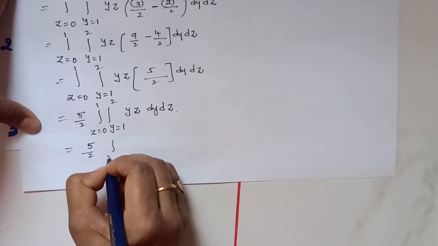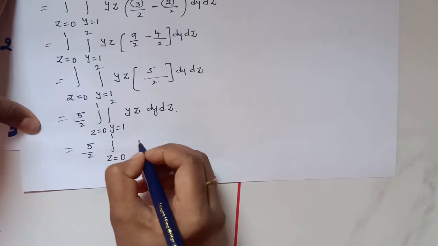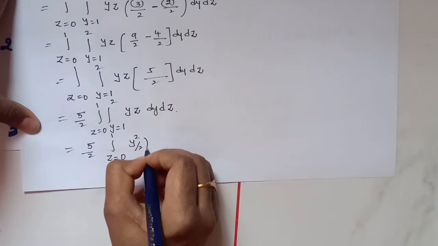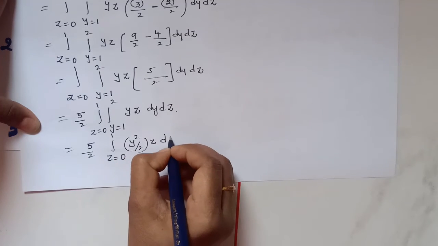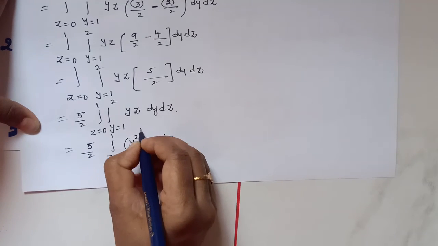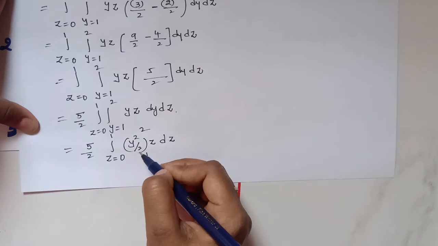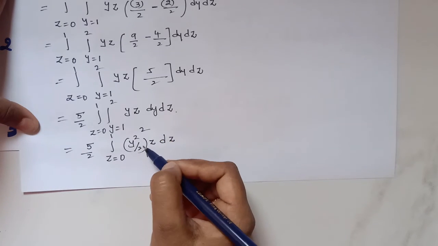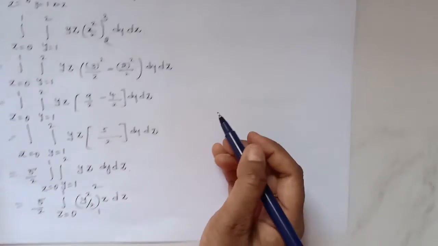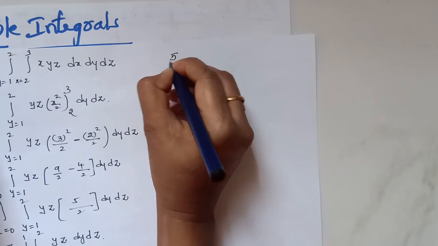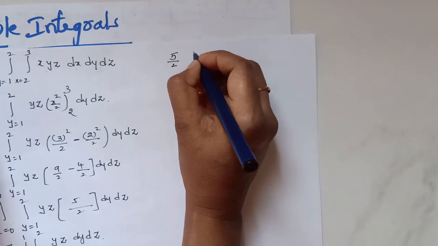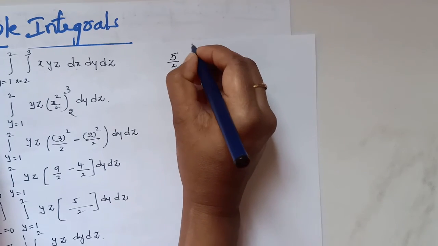Integral z is equal to 0 to 1, y square by 2 into z dz, limits 1 to 2. Okay, we have integrated with respect to y: y square by 2, limits are from 1 to 2. Now 5 by 2, integral z is equal to 0 to 1.